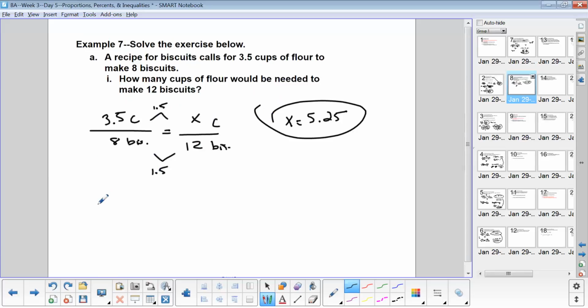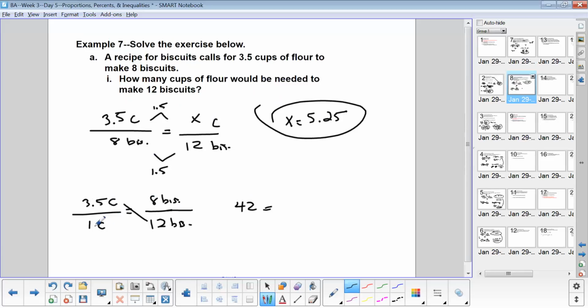So let's switch it around a little bit and let's do cross products. What if I say 3.5 cups to 1 cup would be 8 biscuits to 12 biscuits? So if I did cross products, I would say 3.5 times 12, and that would give me 42.